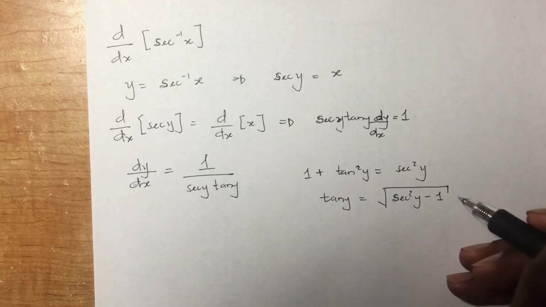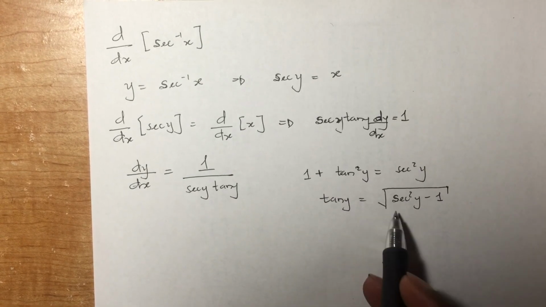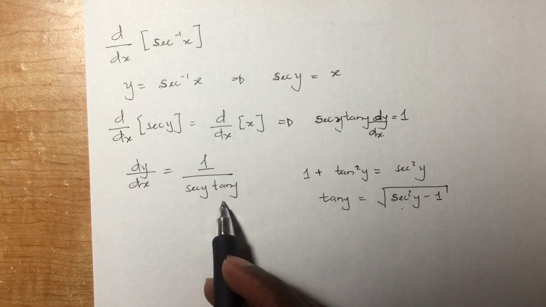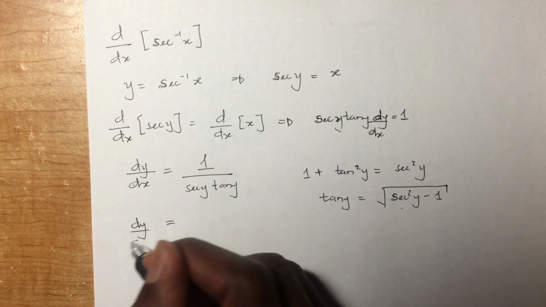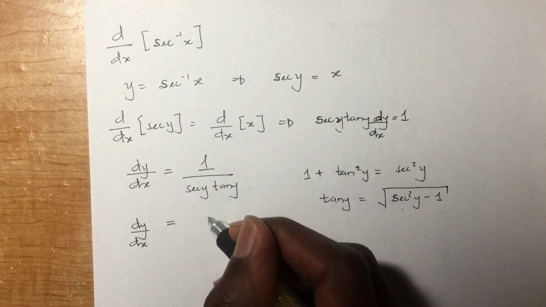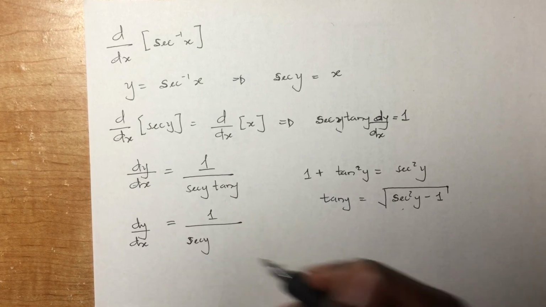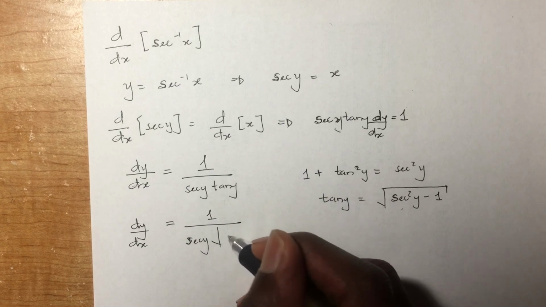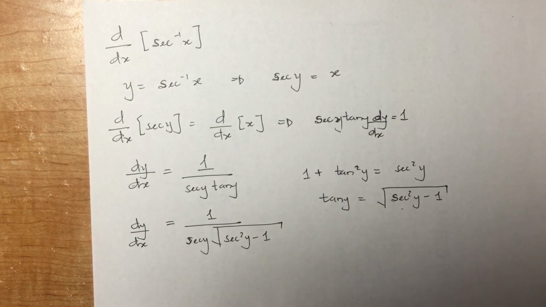And from here, we're going to take this and substitute it back into this equation, and dy dx will be equal to 1 over secant of y square root of secant squared of y minus 1.